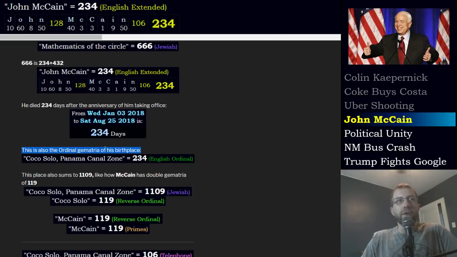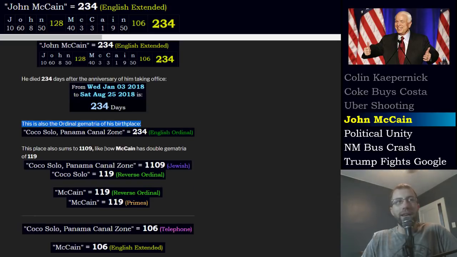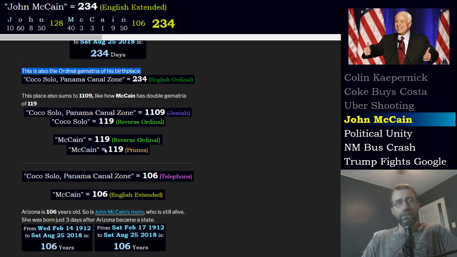This number is also coded into the gematria of his birthplace, Coco Solo, Panama Canal Zone. In ordinal, this equals 234. In Jewish gematria, Coco Solo Panama Canal Zone equals 1109.